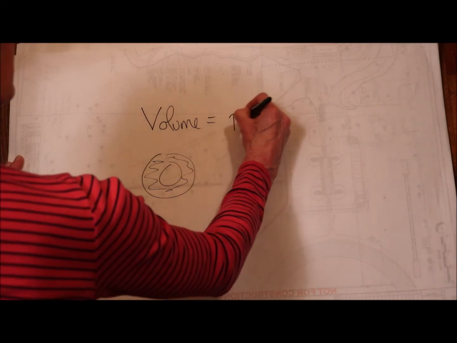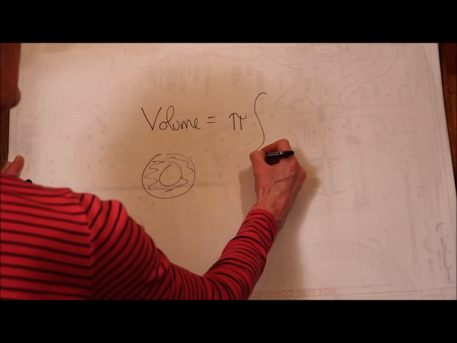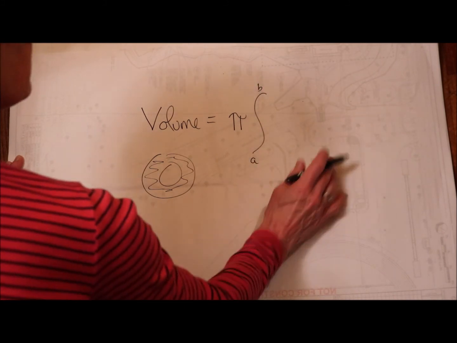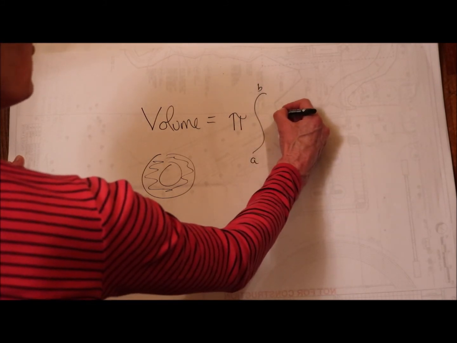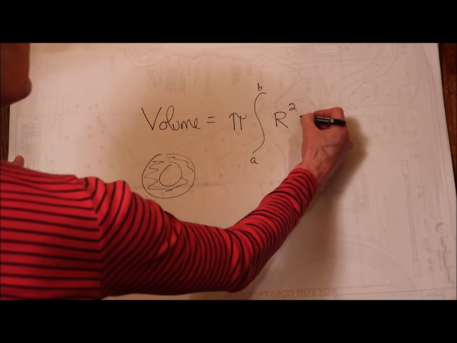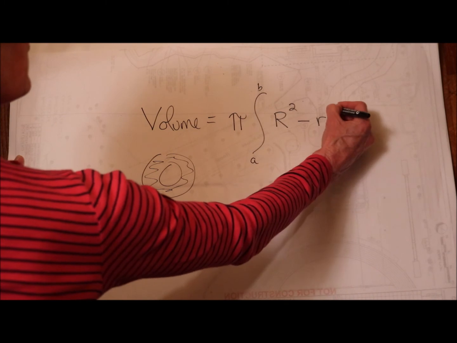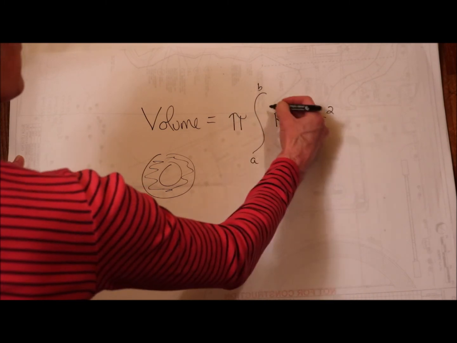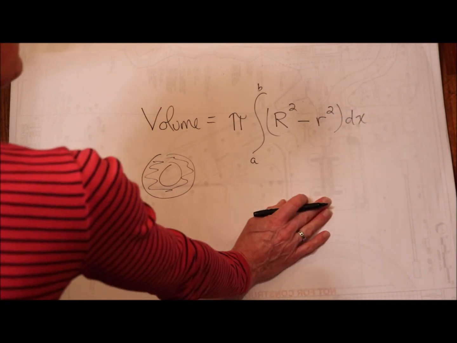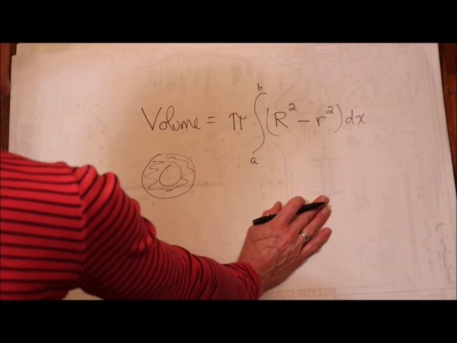Kind of the way to think about it is you can factor out that pi, of course. The integral from a to b, whatever your interval is, of the big circle area, so that's pi r squared, minus the little circle area, pi r squared, all with respect to x, or if we're doing it with respect to y, that would be dy.